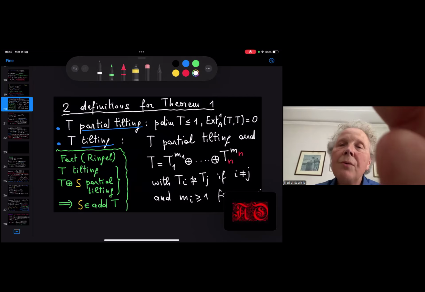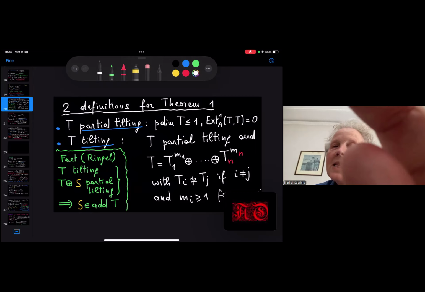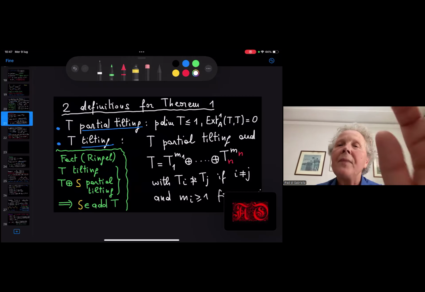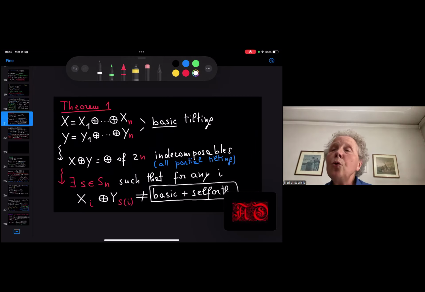And now, Theorem 1 says the following. If we have two basic tilting modules, X and Y, then of course the direct sum of X and Y is a direct sum of 2n indecomposable modules, and all these indecomposable modules are partial tilting.